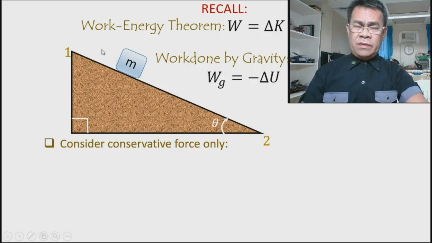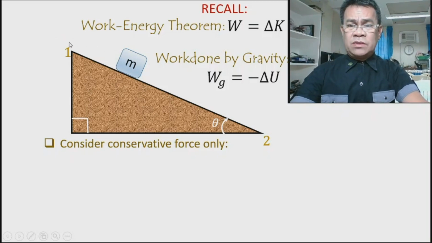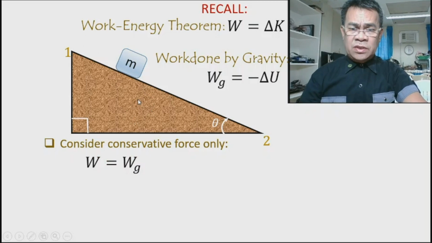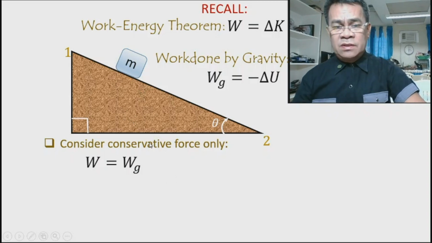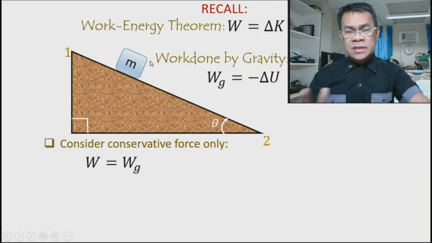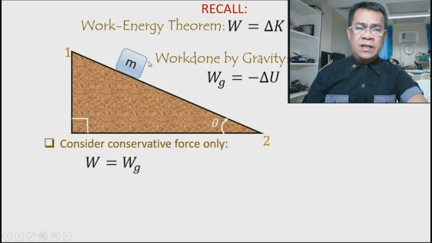So we can do it by placing this object at point 1, then releasing it freely. Now, if this is frictionless, then we have only the gravitational force present. So in that case, work done by the system is just equal to the work done by gravity.